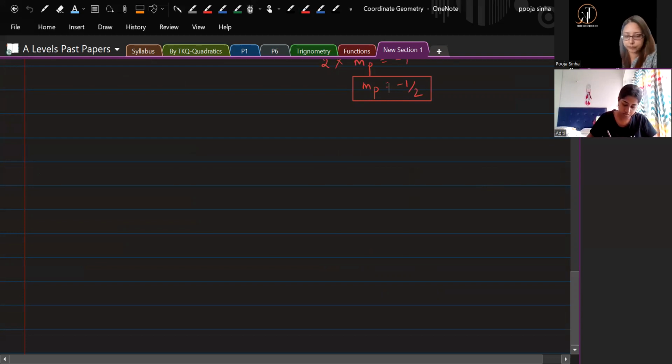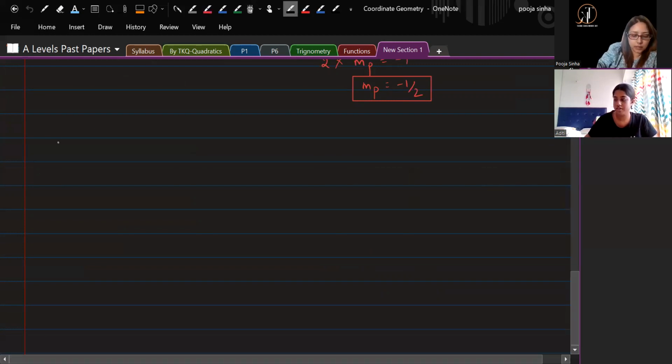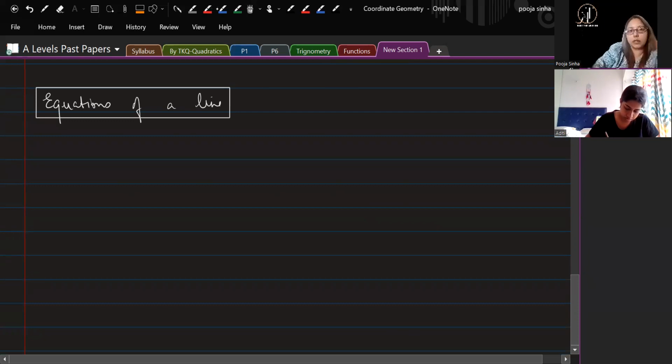Next, we come to our next topic, which is, as we said, the equations of a line. Again, first, it is called the slope intercept form.